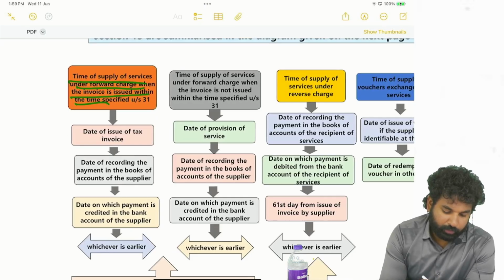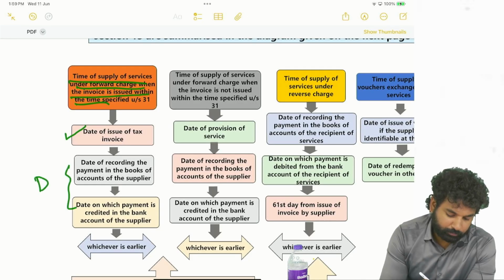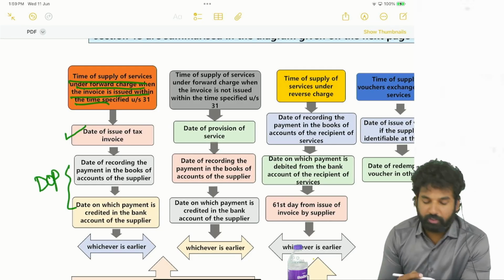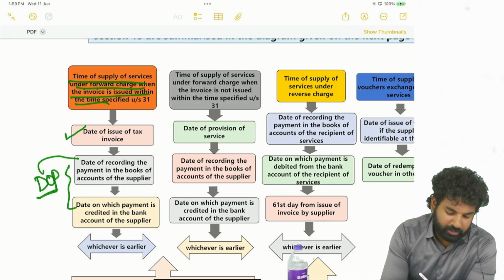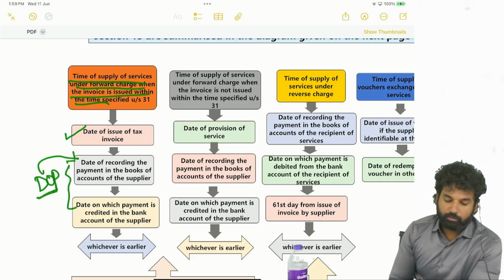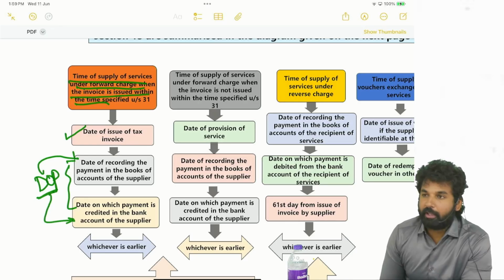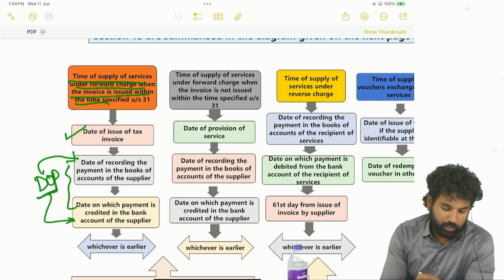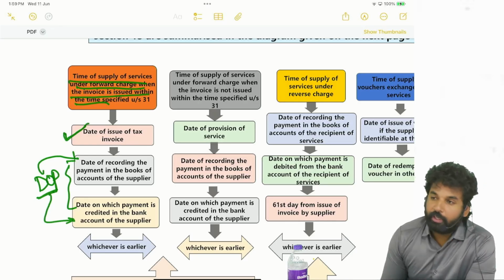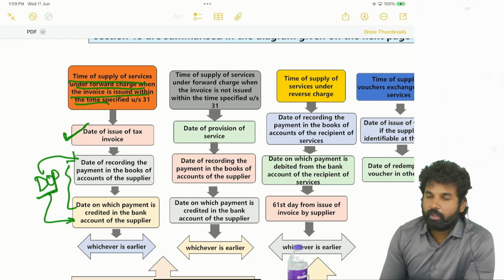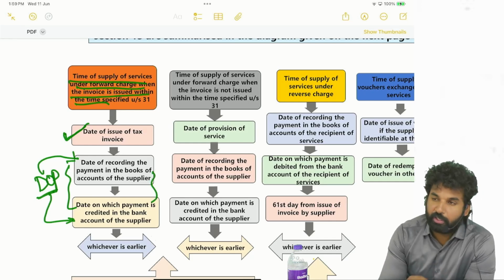Date of issue of tax invoice or date of payment, whichever is earlier. Date of payment means date of recording of payment in the books of accounts of the supplier or date of credit in the bank account, whichever is earlier. So simply, date of invoice or date of payment, whichever is earlier.